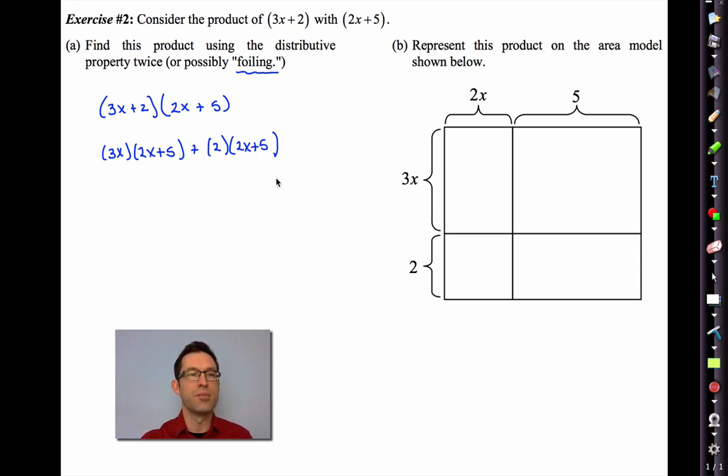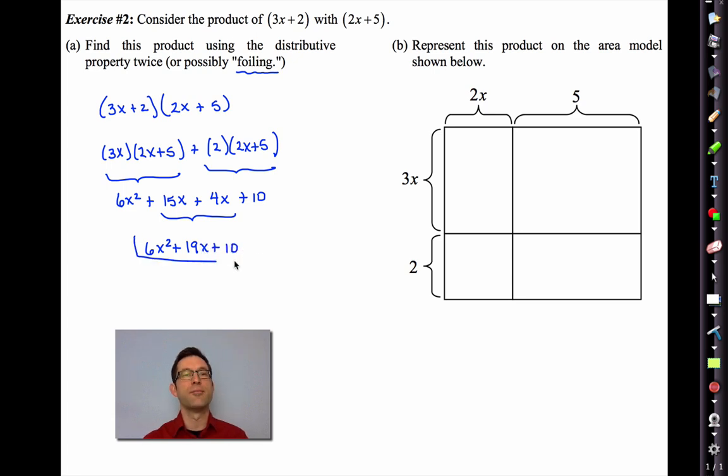This thing becomes 6x squared plus 15x, and this one becomes 4x plus 10. And then, no great surprise, we can combine like terms here, but nothing else, into 19x. So there we go, 6x squared plus 19x plus 10.